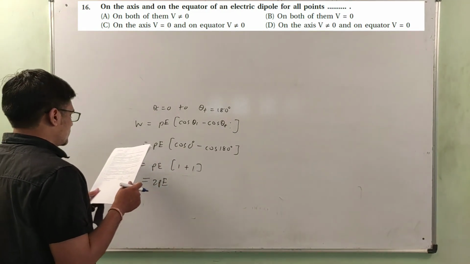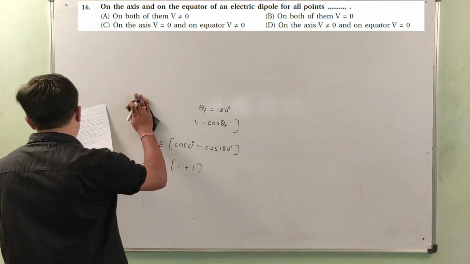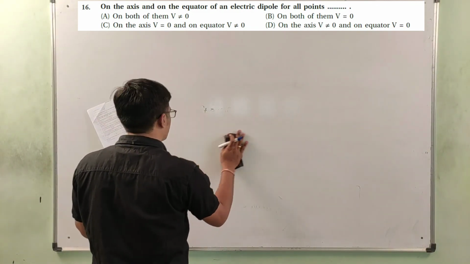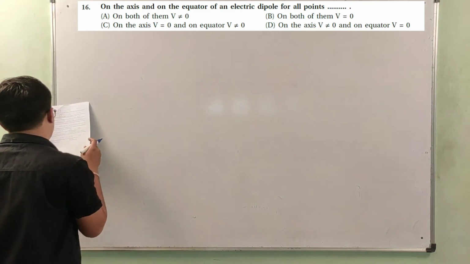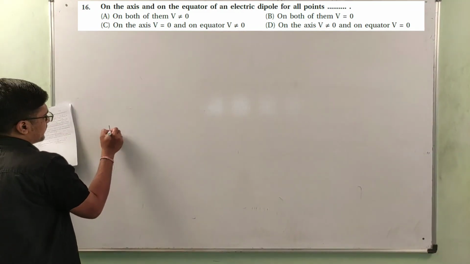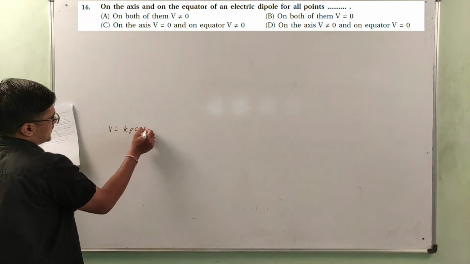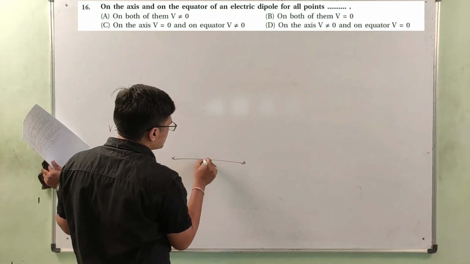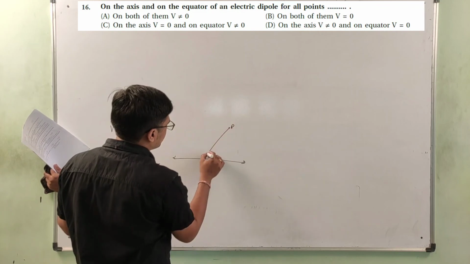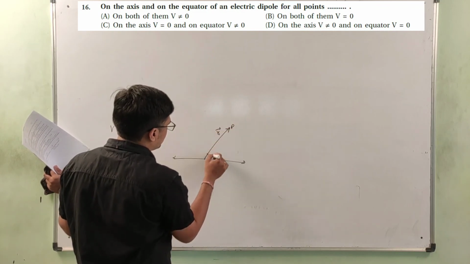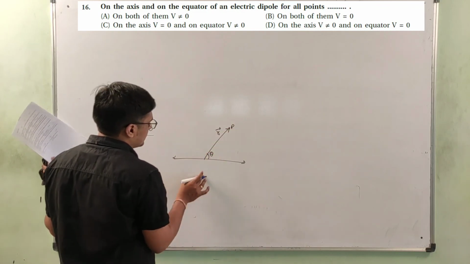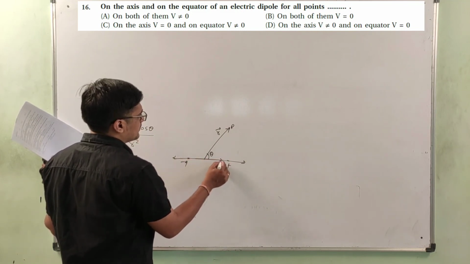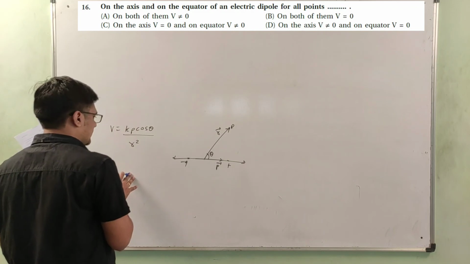On the axis and on the equator of an electric dipole, for all points, the potential due to the dipole is Kp cos theta by r square, where theta is the angle between the axis of the dipole and the position vector of point P. The angle between the dipole moment P and the position vector r is theta.